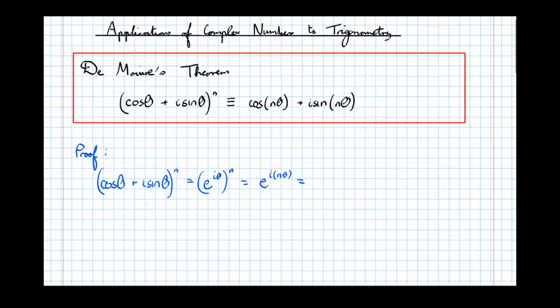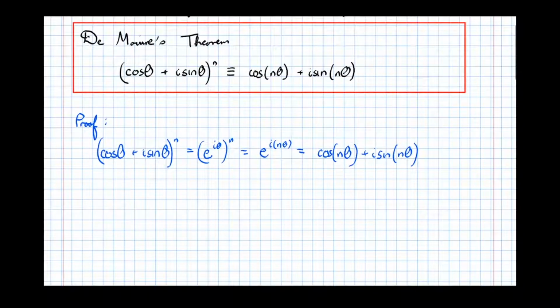Really, strictly speaking, we should prove it, but just to give you an intuitive feel, we're just going to assume that they do hold. So you can seek out long proofs of why normal index laws hold for complex powers, but we're going to omit that now. So e to the i n theta equals cos of n theta plus i sine of n theta, and there we proved it. So a one-line proof based on the exponential form of complex numbers.